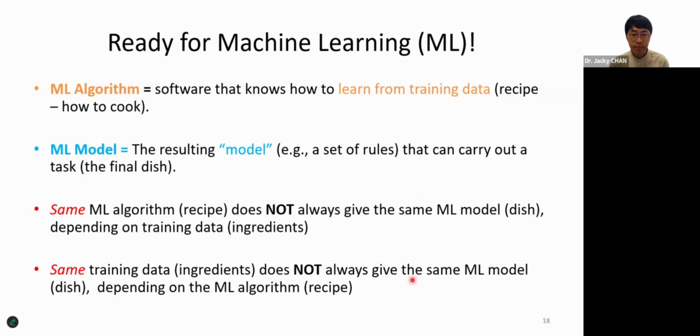On the other hand, even with the same quality data, using a different algorithm can lead to a different model. So in summary, we have to pick the right algorithm, and we have to ensure the data quality is high if we want to have a good machine learning model in the end.